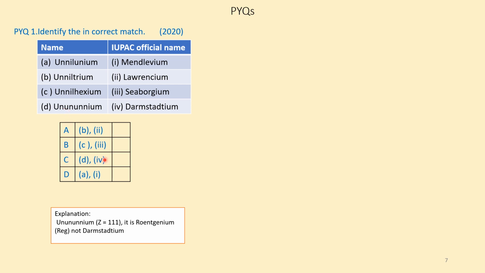It is a wrong match, so you have to mark it. The correct answer is that the incorrect match is D, 4. It should have been Roentgenium. Next question.